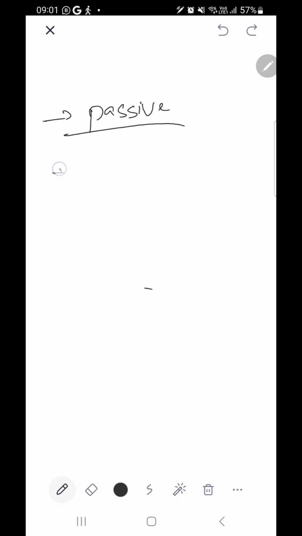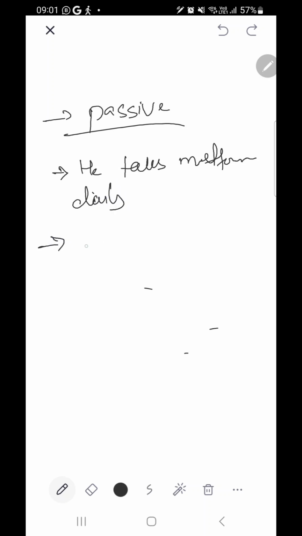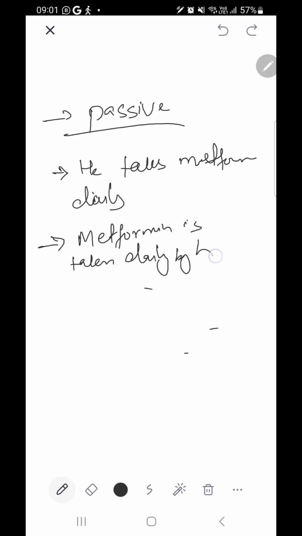Let's say transformation of the passive voice. He takes metformin daily. So in passive voice it is: metformin is taken daily by him.